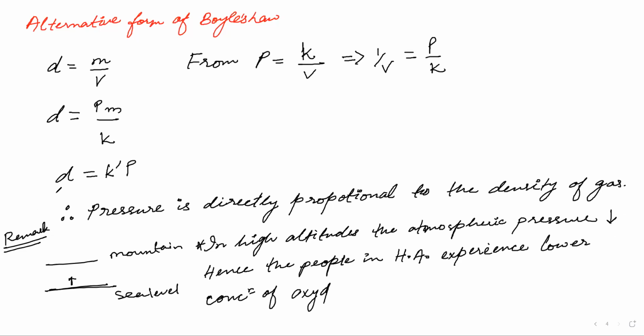Because if we decrease the pressure, the density of oxygen decreases, and by virtue of density, the availability of oxygen will also decrease. Then the people cannot inhale much oxygen. That is why when mountaineers go for expeditions, they take oxygen tanks with them. Okay, so this is one remark, and this is also the alternative form of Boyle's law.